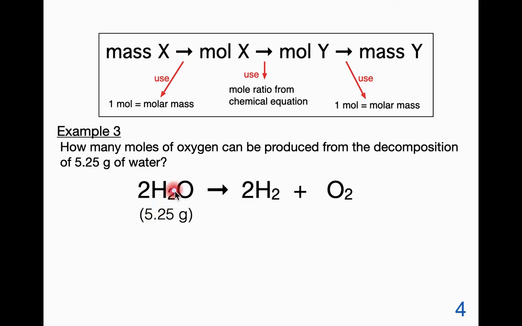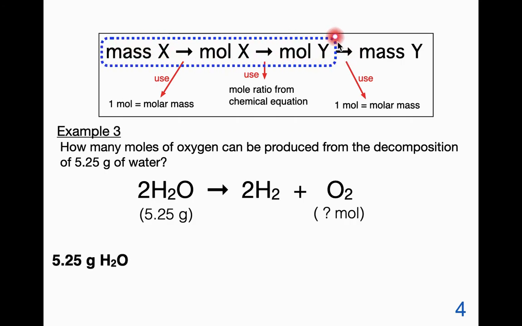So 5.25 grams of water. The question is how many moles of oxygen can be produced? And when we look back at our little flow chart here, we can see that we're given mass of a substance and we're asked for moles of another substance. So this is our conversion that we're going to do, mass to moles of another substance.